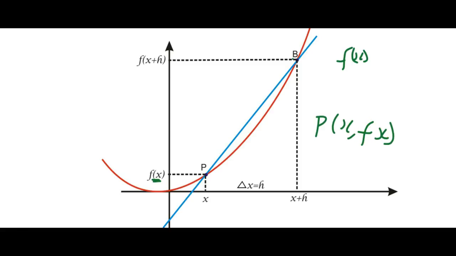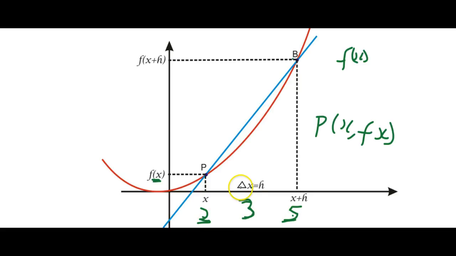If you consider the point B, we assume that the point B has an x value of x plus h. Now, I want to explain that to you very clearly. Let's assume that here is 2, and this point is 5. The difference between 2 and 5 is going to be 3. If I say change in x means x2 minus x1, and if here is x2 and here is x1, the change in x will be this.